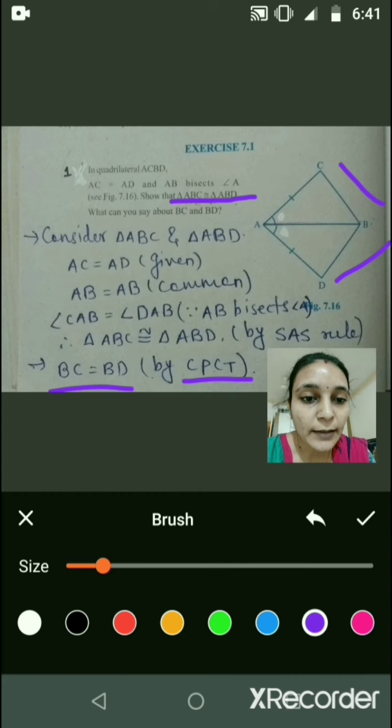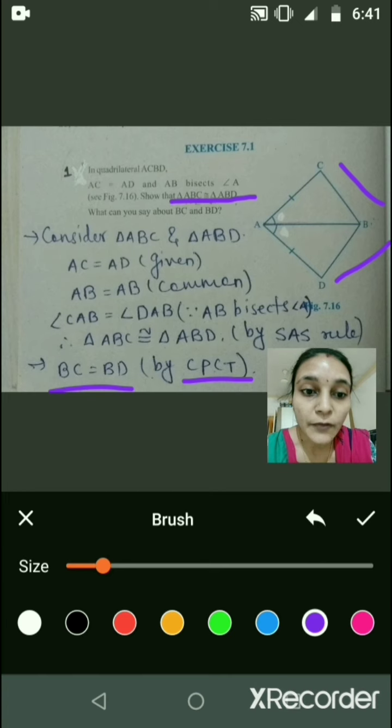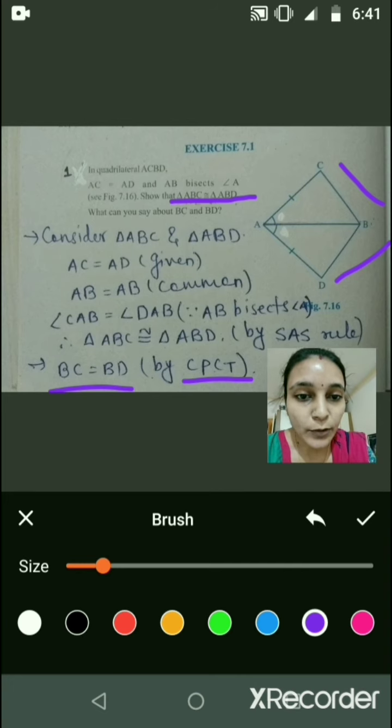If two triangles are congruent, then their corresponding parts are equal, meaning all three sides and all three angles of the first triangle are equal to those of the second triangle. That is CPCT. In this way, BC is equal to BD.